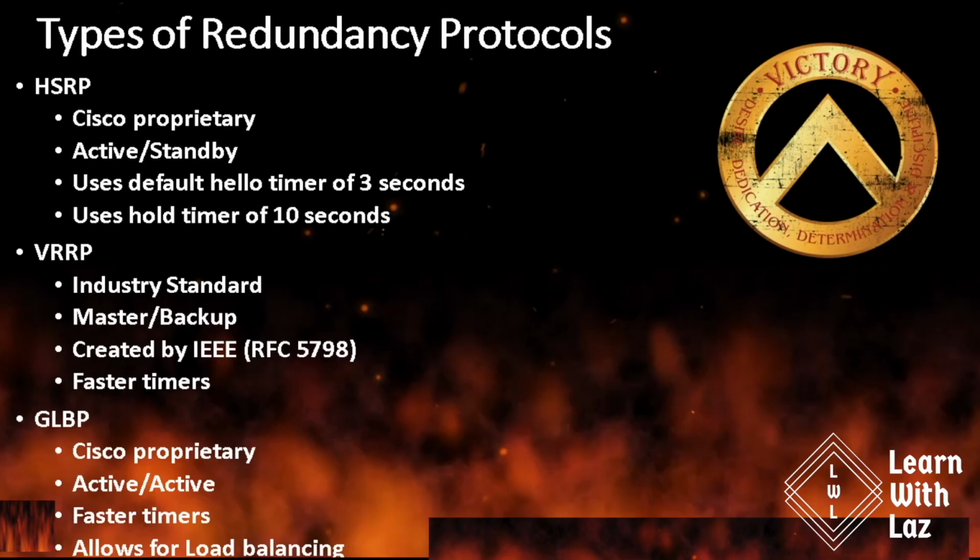But I would still go with the answer in the book, and on your CCNA exam I would put in the note that it could be standby, but in reality it's called master backup. Put that little sentence in your note, because Cisco will get that. If you look it up, you will see that it's called master and backup, but I can see where they mean active and standby.